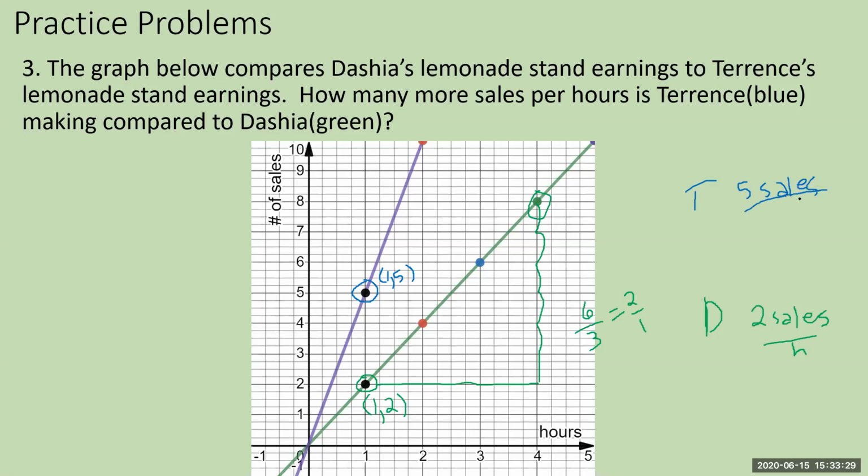So how many more sales is Terrence making per hour? Well, if we take 5 sales minus 2 sales, we find that Terrence is making 3 more sales per hour than Daisha is. So the answer here would be 3.